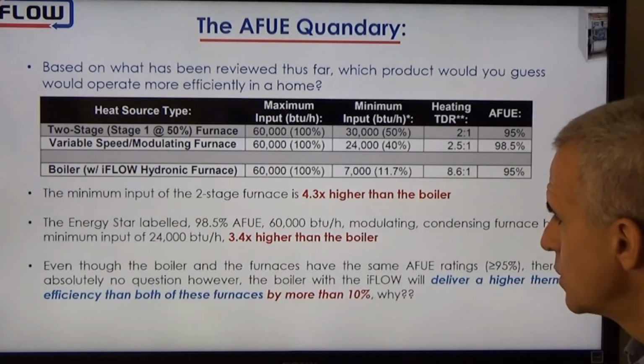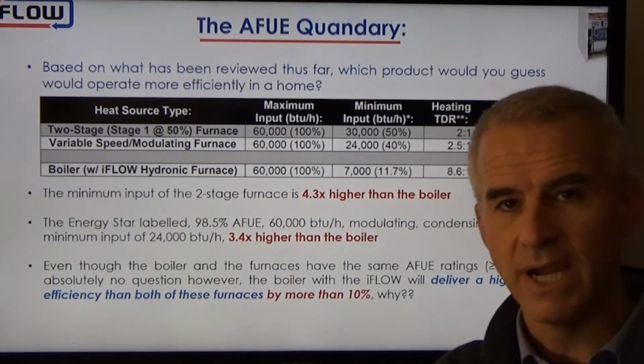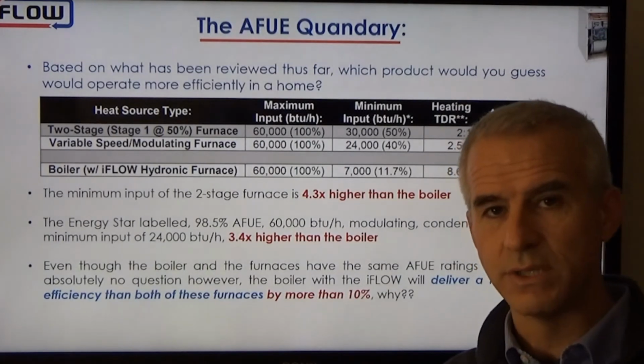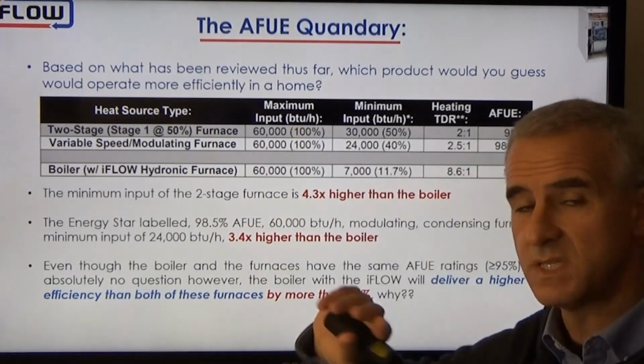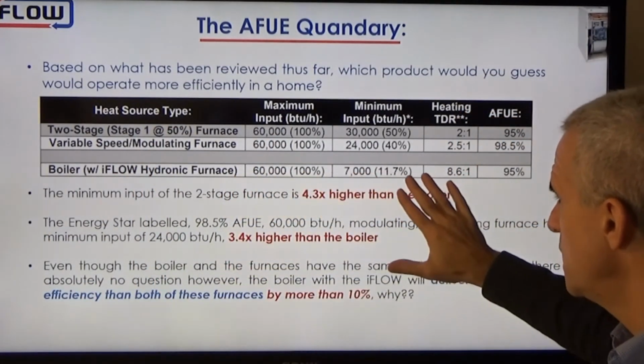So even though the boiler and the furnaces have the same AFUE rating, there is absolutely no question the boiler with the iFLOW, doing the same 60,000 BTUs heating, is going to perform much, much better.